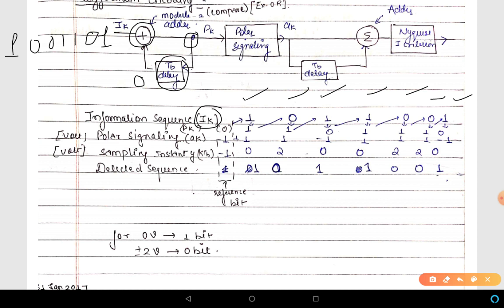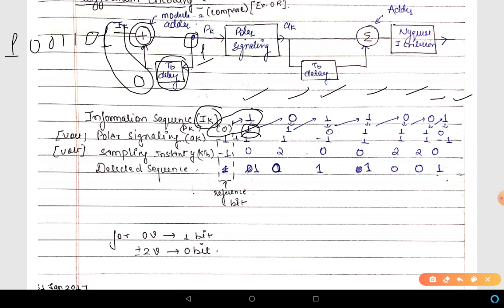So 0 and the first bit are XORed, so the output is 1, because XORing means when two bits are different it will generate 1, if two bits are the same it will generate 0.